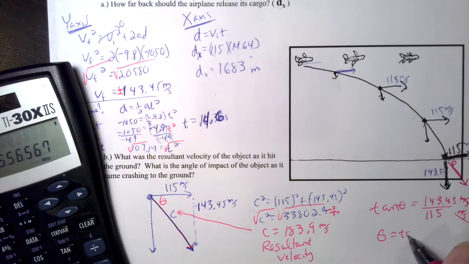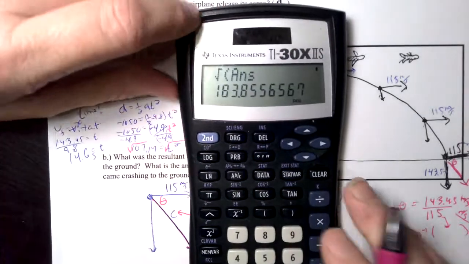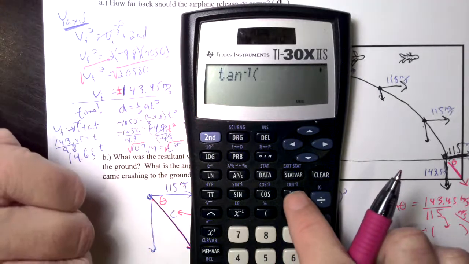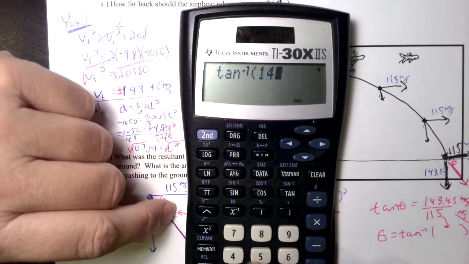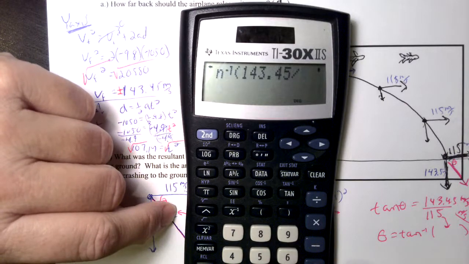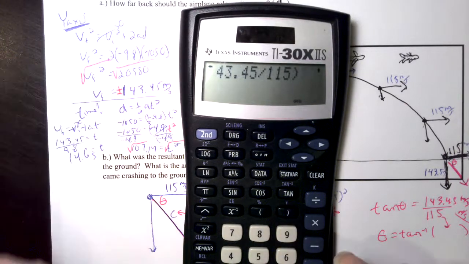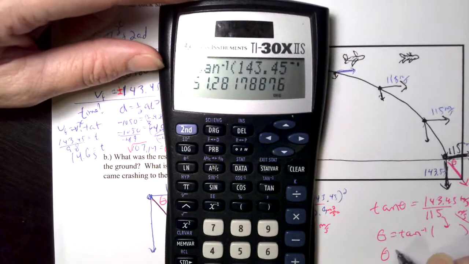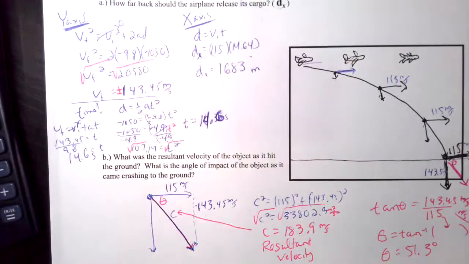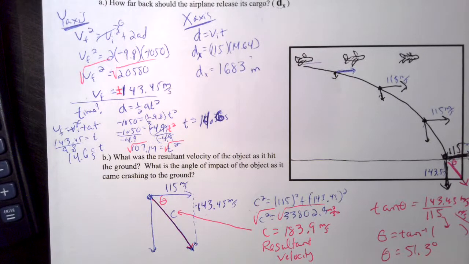Inverse tan of that stuff. So I go inverse tan, so second, that key, and now I put 143.45 divided by 115. Theta equals 51.3 degrees. Ooh, there you go.